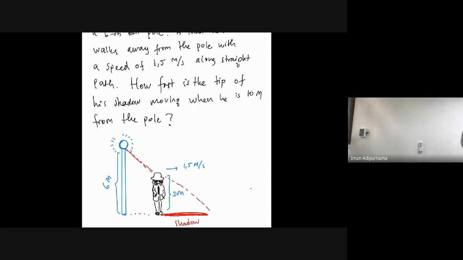In related rates, one of the most important key points is to draw the diagram. If you draw clearly and you understand the problem, then it will help in solving your questions. If you draw it wrong, then maybe you won't have any solutions at all.